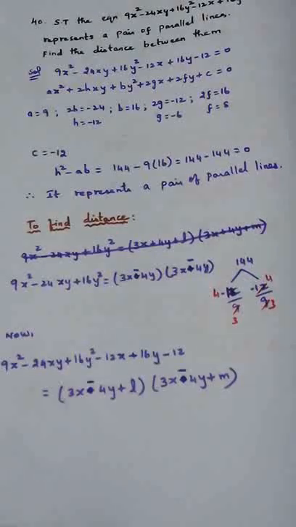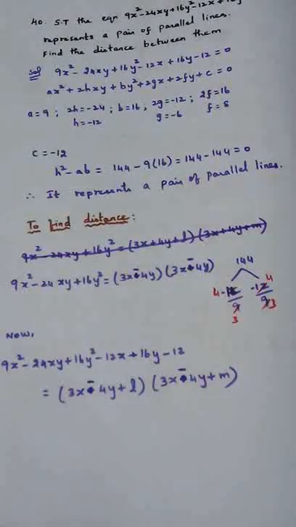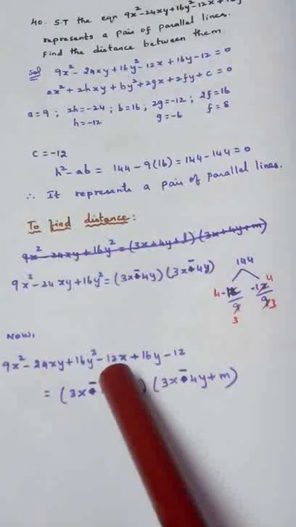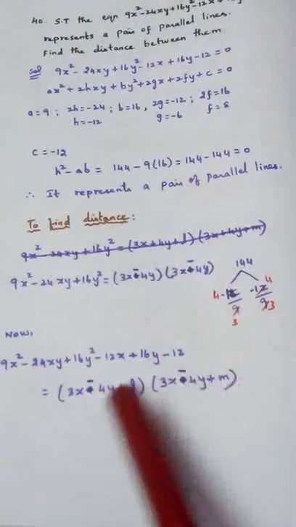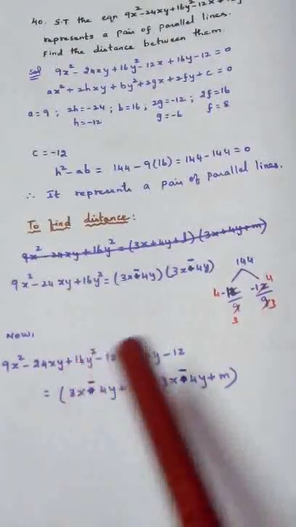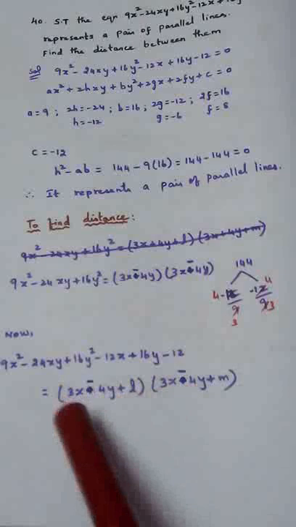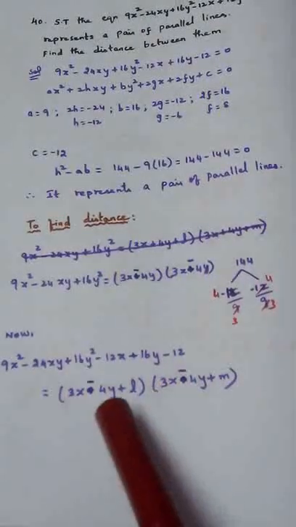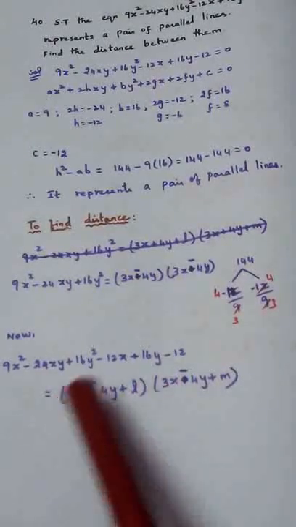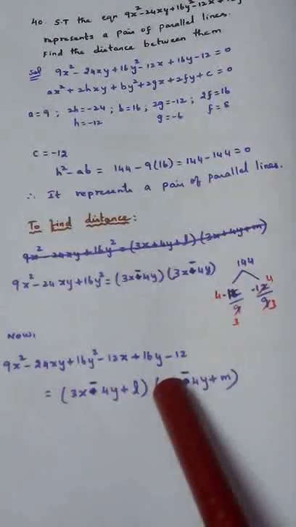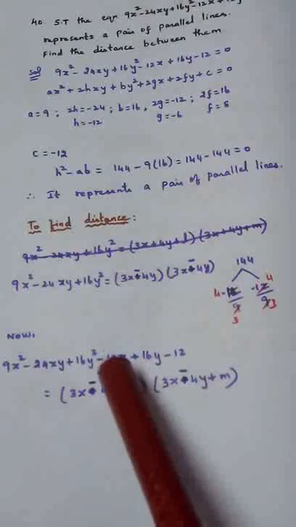So what we will do is equate the coefficients of the x term and y term. What is the coefficient of x? Minus 12. What is the coefficient of x here? When 3x is taken with M, the coefficient is 3M. Similarly, when L is taken, 3L. So 3M plus 3L is equal to minus 12.